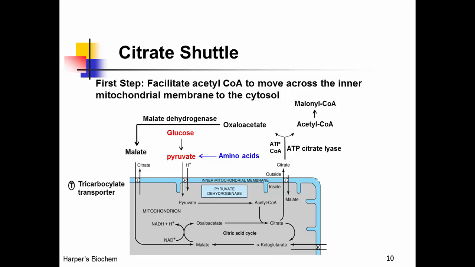Citrate then leaves the TCA cycle and is moved out from the mitochondria to the cytosol, and this process requires the citrate shuttle. In the cytosol, citrate is broken down into oxaloacetate and acetyl-CoA, and the enzyme that catalyzes this reaction is ATP citrate lyase.